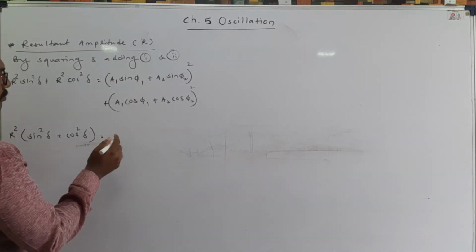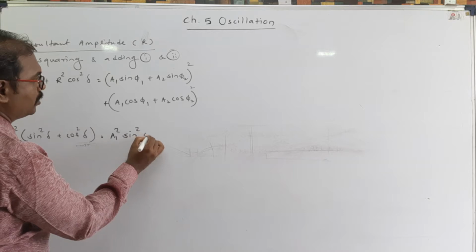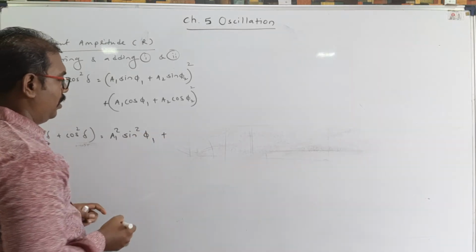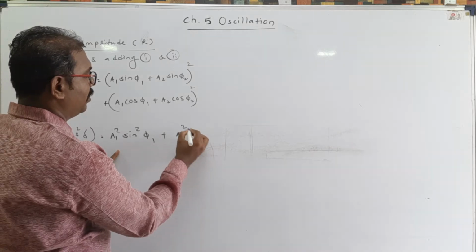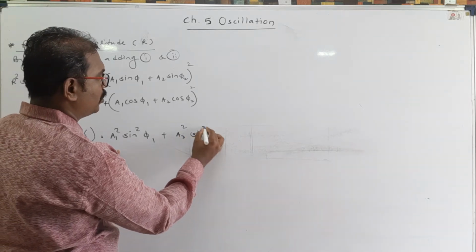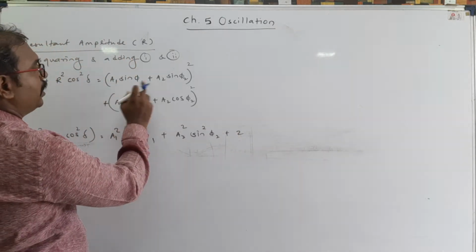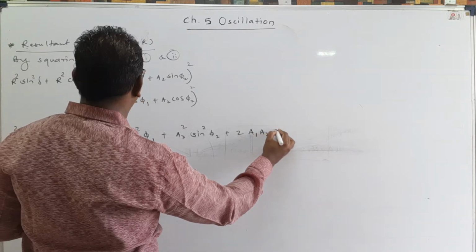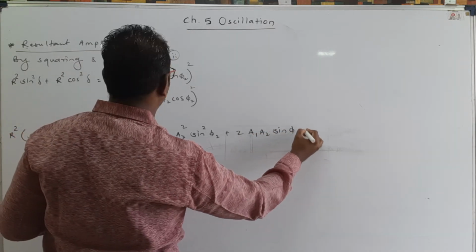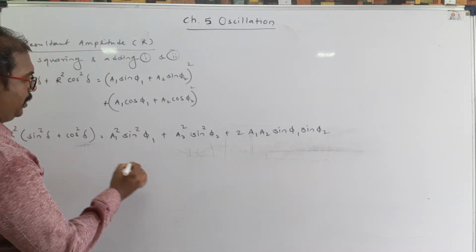So a square in this square: A1 square sin square phi 1, plus A2 square sin square phi 2, plus 2 into this into this, 2 into A1 A2 then sin phi 1 sin phi 2. So this is the expansion.